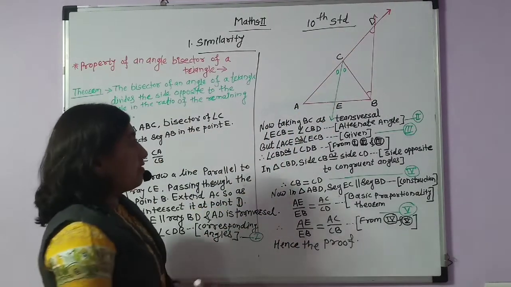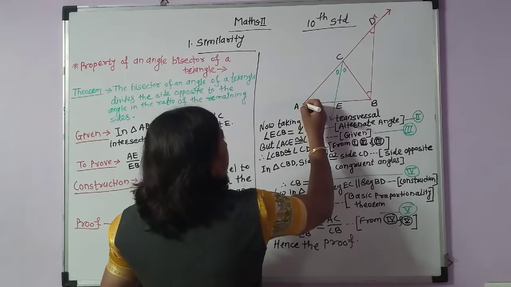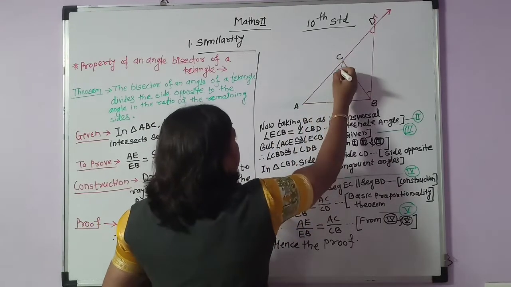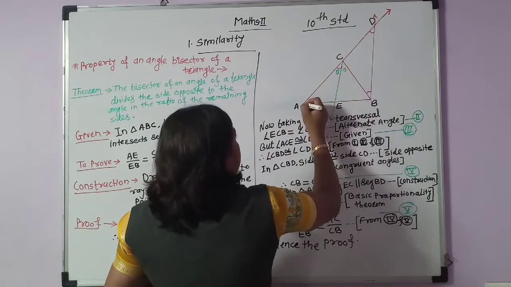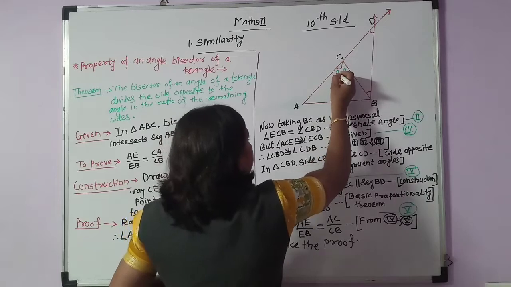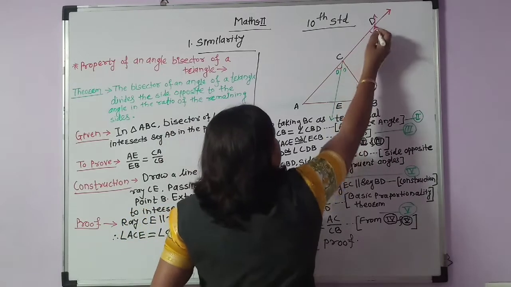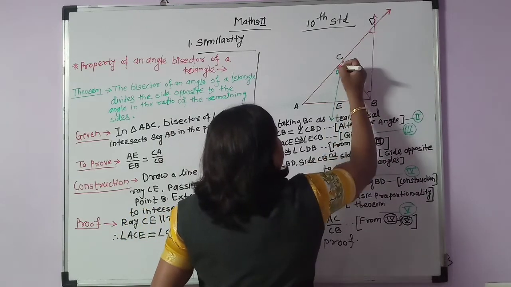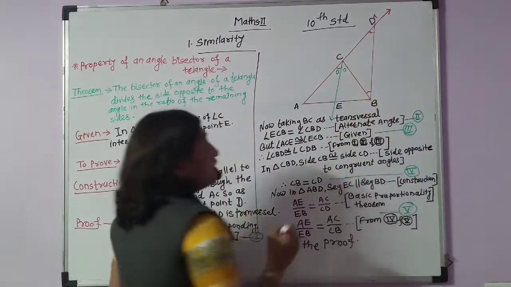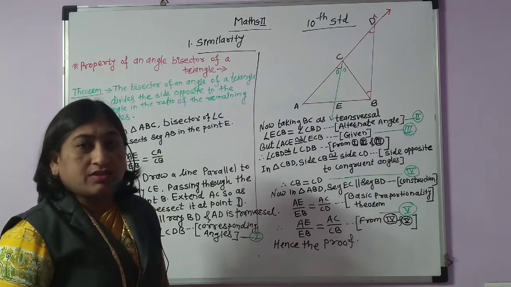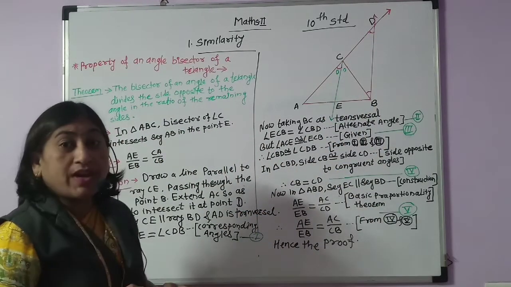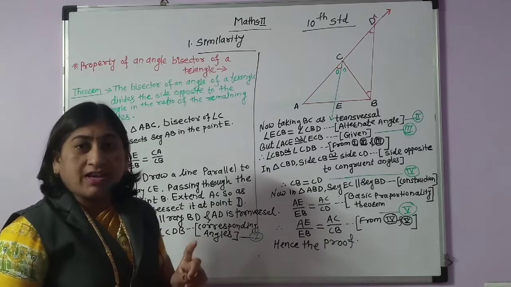Then angle ACE and angle CDB are congruent because these two angles are corresponding angles.